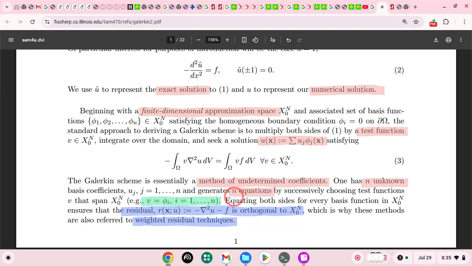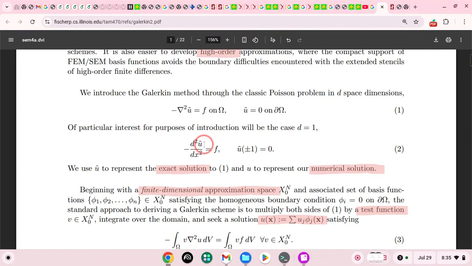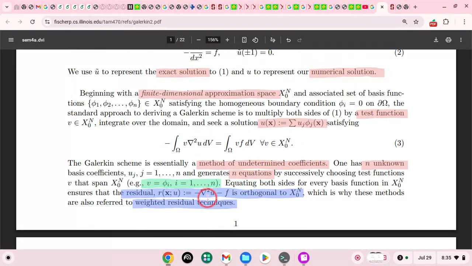Directly it gives you n equations for n unknown coefficients, and we also take this v to be these basis functions in that finite dimensional space. Based on these conditions, we can also define a residual, moving this to the left hand side, as a residual function.